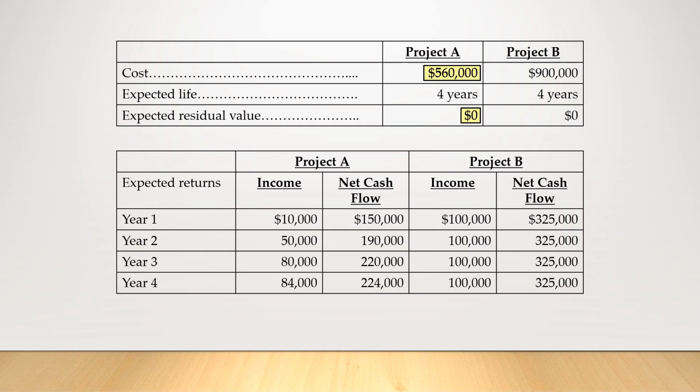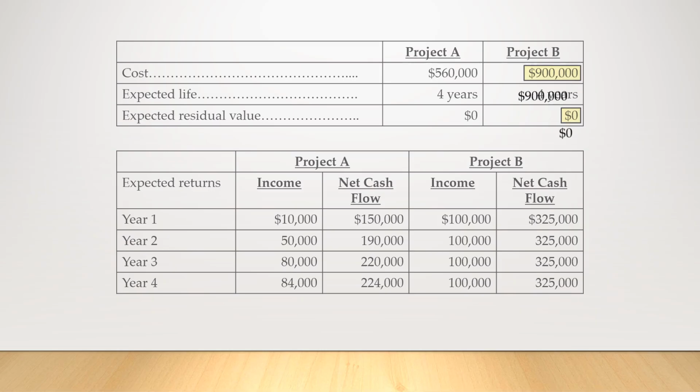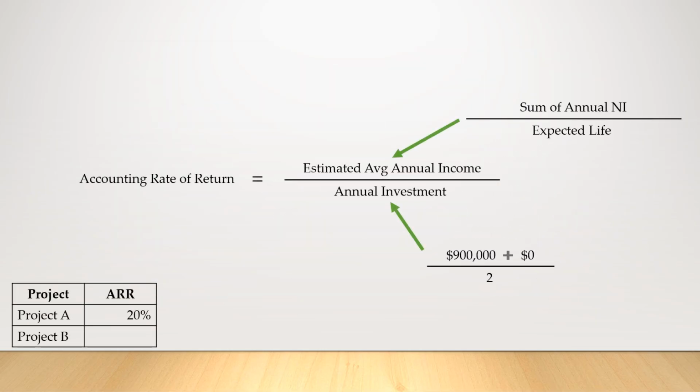Now for Project B. Average the $900,000 cost with its $0 residual value to get its average investment: $450,000.